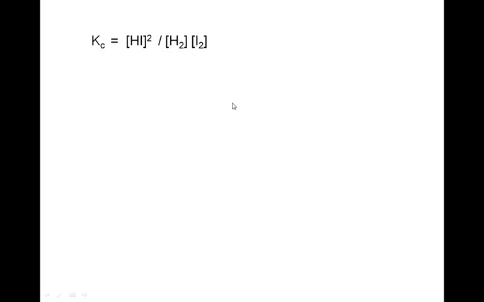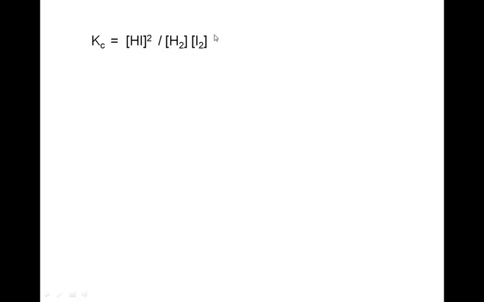So remember that if we add reactants and products to the vessel, these concentrations will change, until the concentration of HI squared, divided by the concentration of H2 times the concentration of I2, is equal to K sub C, a constant.